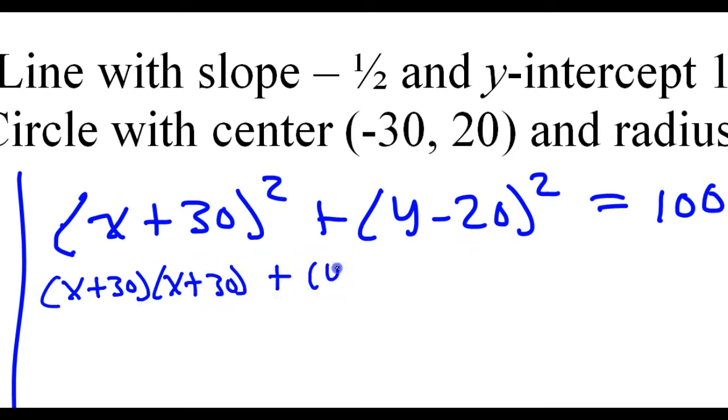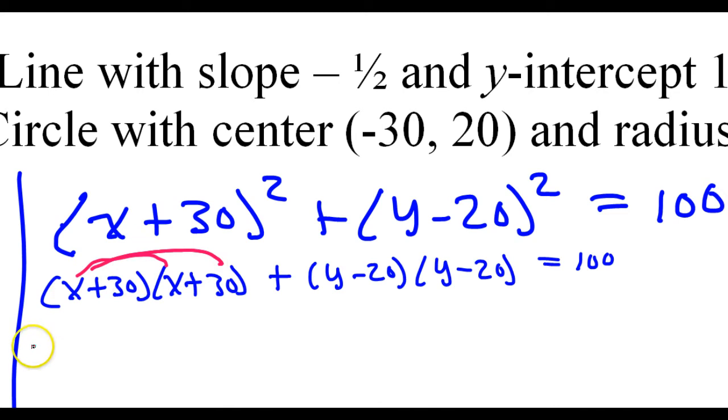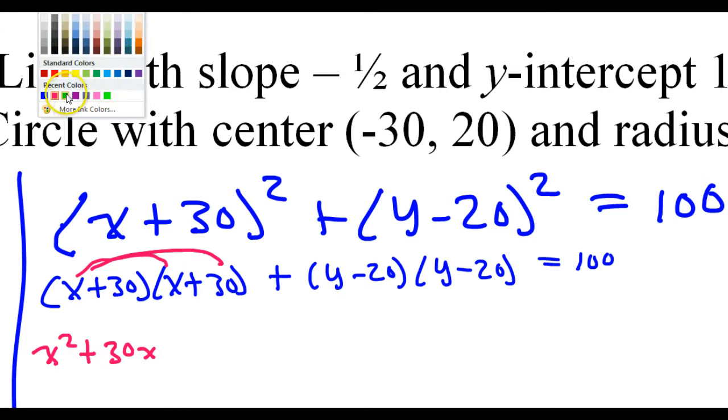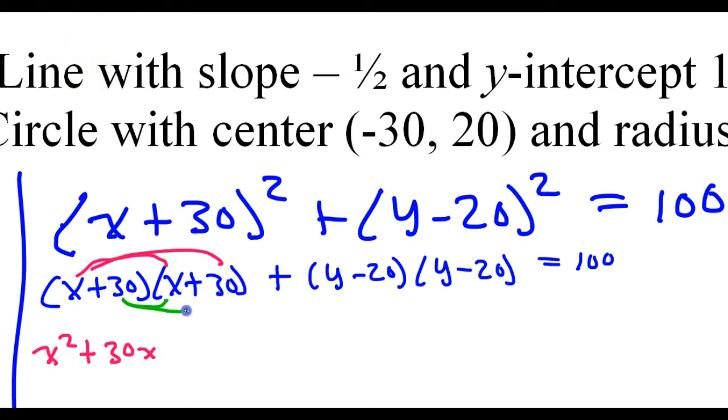And here I've got y minus 20 times y minus 20. Alright, so going to have to do a little double distributive property here with the x. So that's going to give me x squared plus 30x. Okay, but then I'll do another double distributive property here. So that'll give me another 30x plus 900.